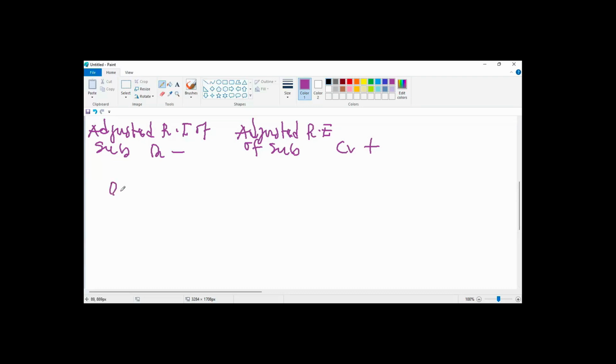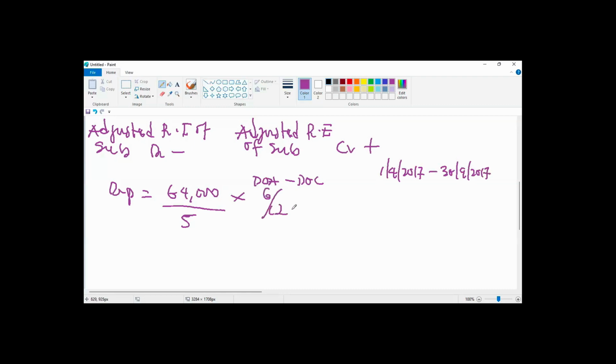I will now say for the depreciation aspect of it, 64,000 divided by the useful life of 5 years, times from the date of acquisition to the date he asks us to consolidate. Don't forget we acquired on 1st April 2017 and we have to consolidate to 30th September 2017. So from 1st April 2017 to 30th September 2017, that is about 6 months, 6/12. So what is he going to give me?